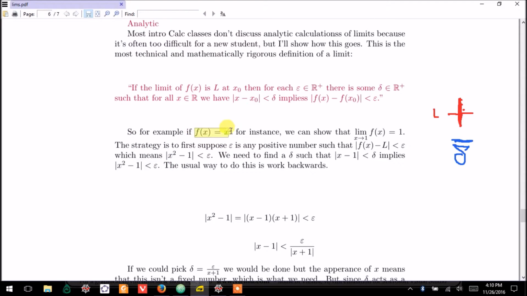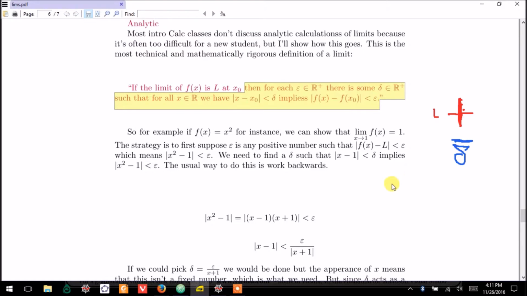So for example, if f of x is x squared, and we look at the limit as x approaches 1, that tells me that x naught is equal to 1, right? The value we approach is x naught. We believe that the limiting value L is 1, so we throw these numbers and this function into the statement for the limit, and then try to establish that these formal conditions hold.